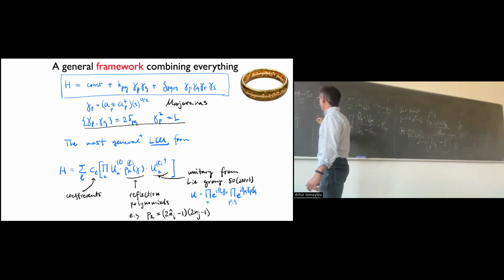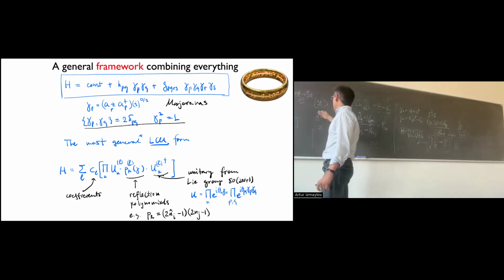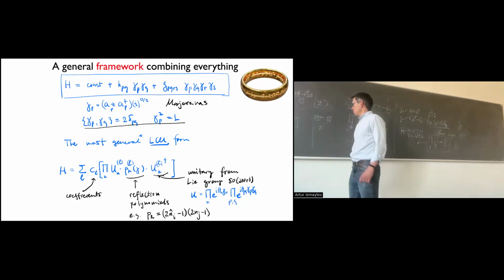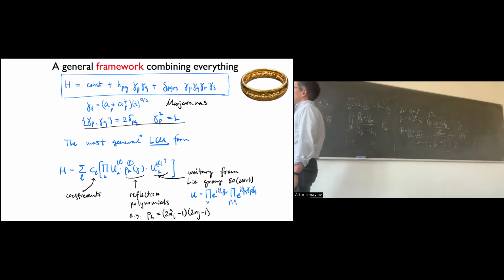One example would be occupation numbers. They are proportional to quadratic Majoranas. And the occupation numbers, of course, with some 2n minus 1, they will create the reflections. And then you could put some unitaries from the Lie group.